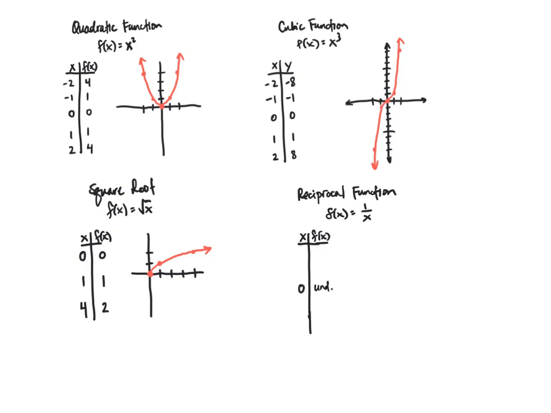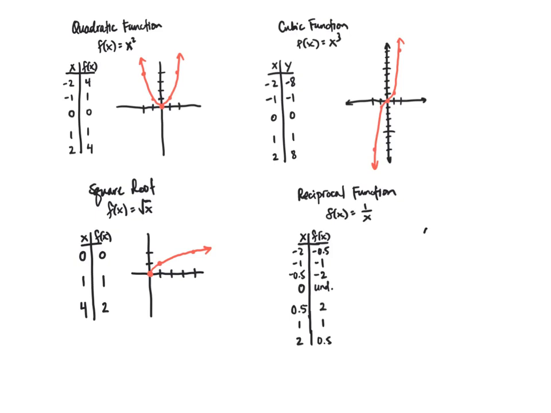And so I'm going to pick x equals, how about 0.5, 1, and 2, and then negative 0.5, negative 1, and negative 2. So 1 divided by negative 2 is negative 0.5, 1 divided by negative 1 is negative 1, 1 divided by negative 0.5 is negative 2, 1 divided by 0.5 is 2, 1 divided by 1 is 1, 1 divided by 2 is 0.5.